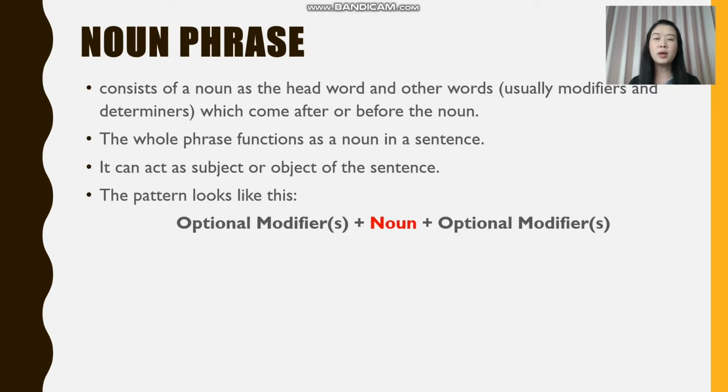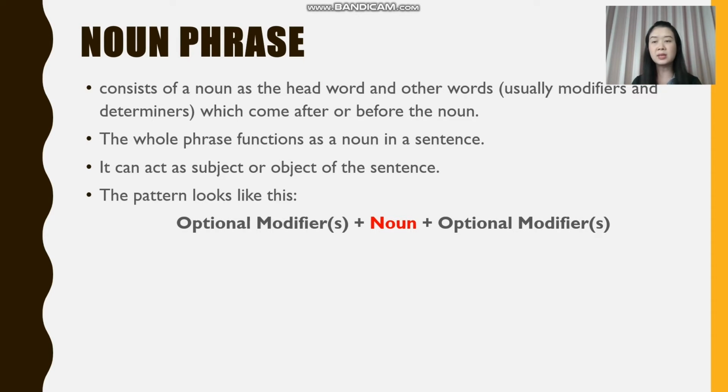The first one, we start with the noun phrase. Just like the part of speech, right? We normally start with the noun. You know that a noun is used to name a person, place, animal, thing, concept, or idea. That's the same thing, okay? But for the noun phrase, you are combining other components rather than just the noun.